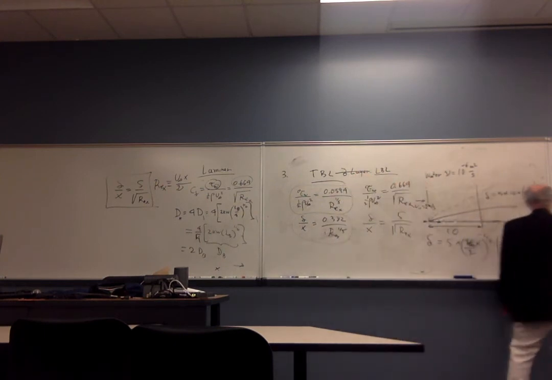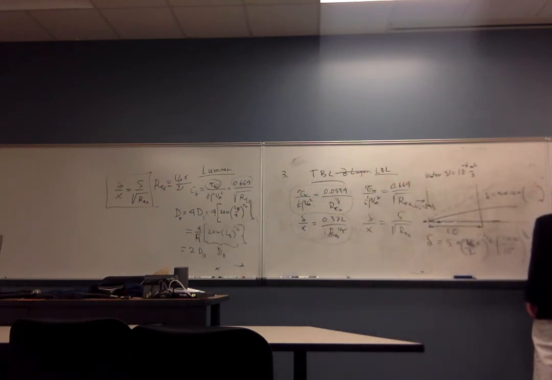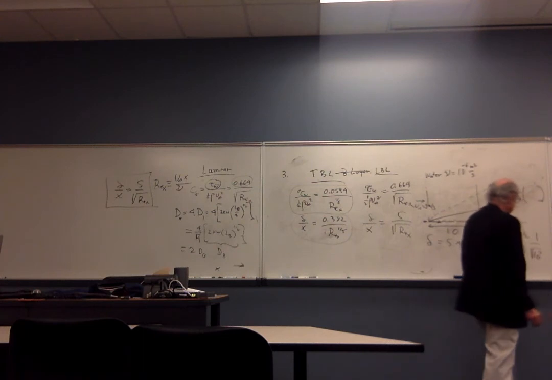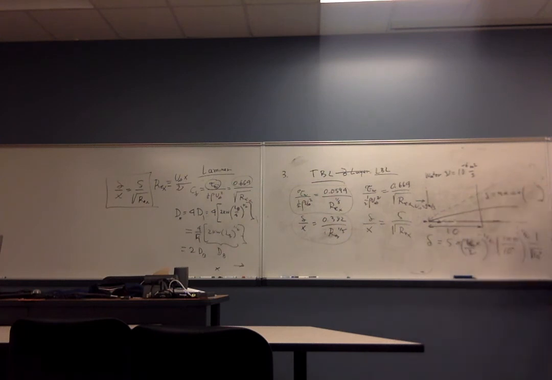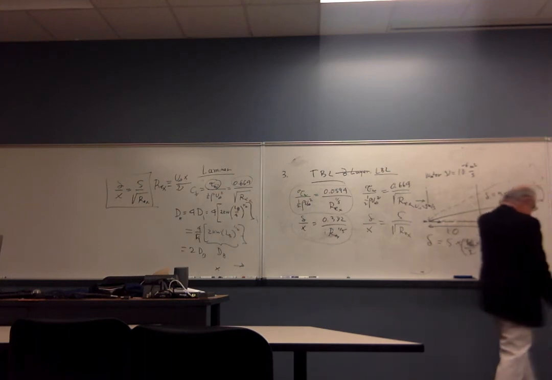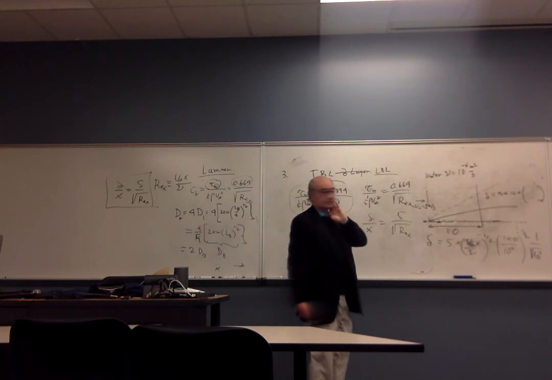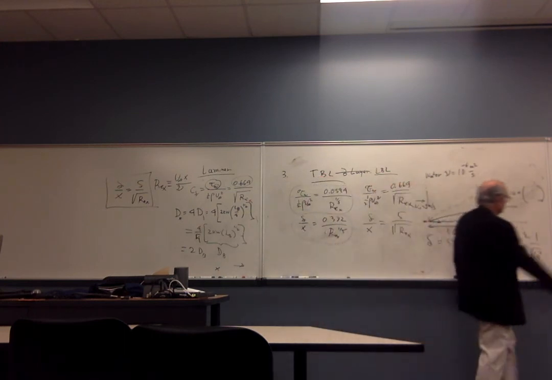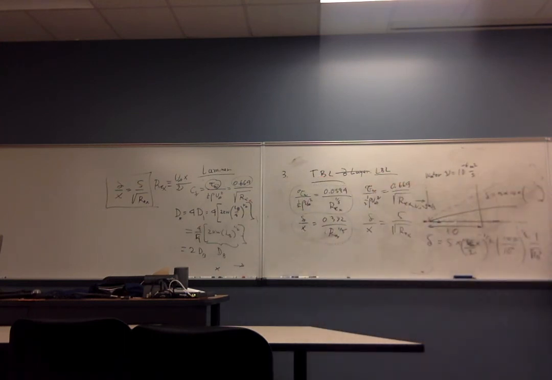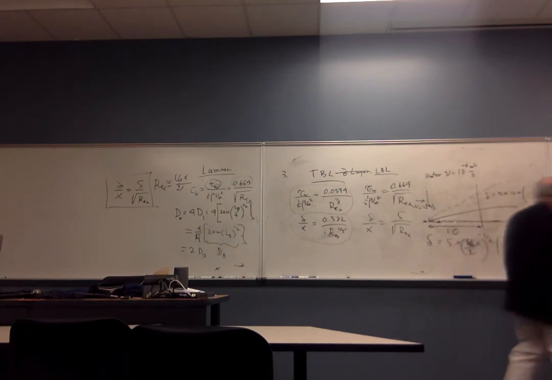It's 1 over the square root of 10 times 1 over 10 to the 3rd. I guess it's about 0.3 times 10 to the minus 3. Can somebody verify that for me? 3.16 times 10 to the minus 4. Good, that sounds right.